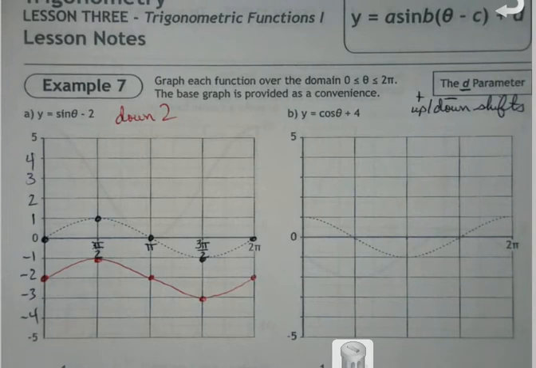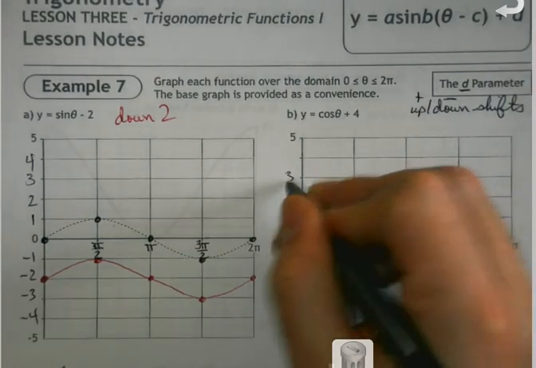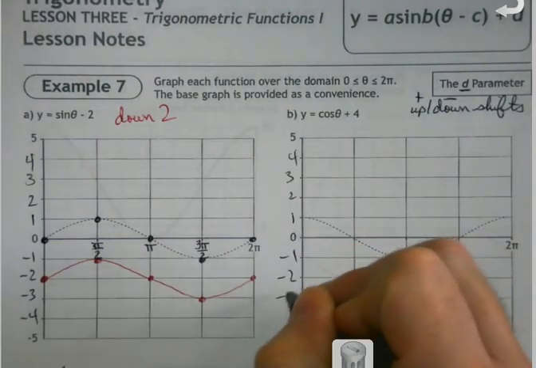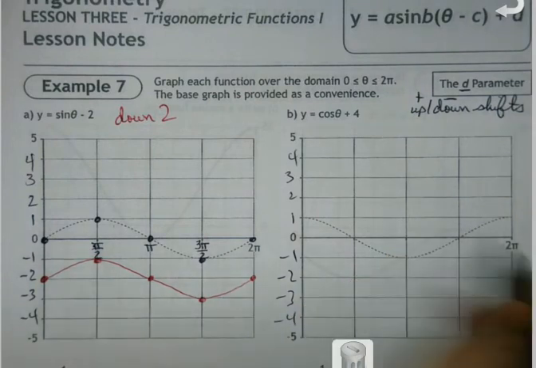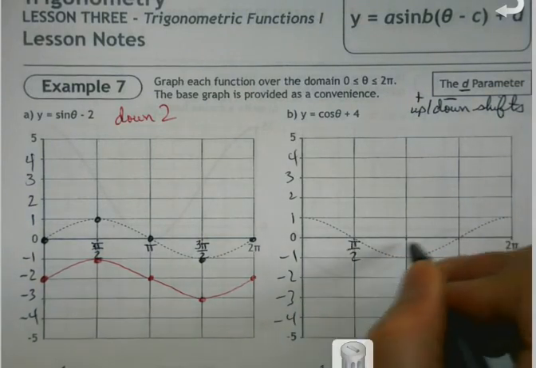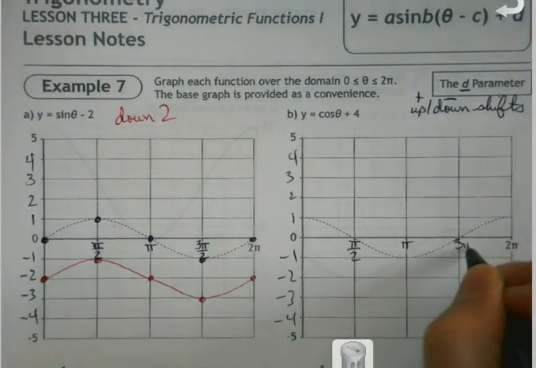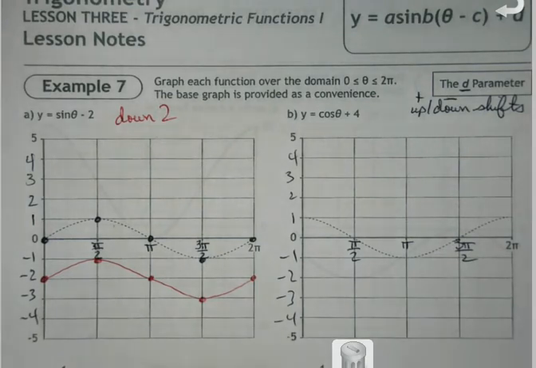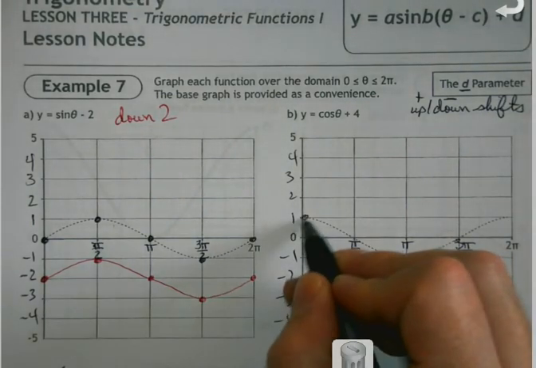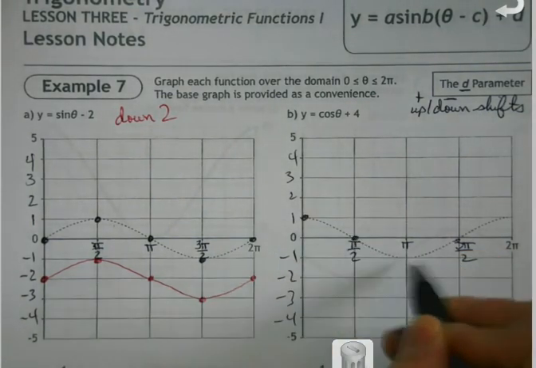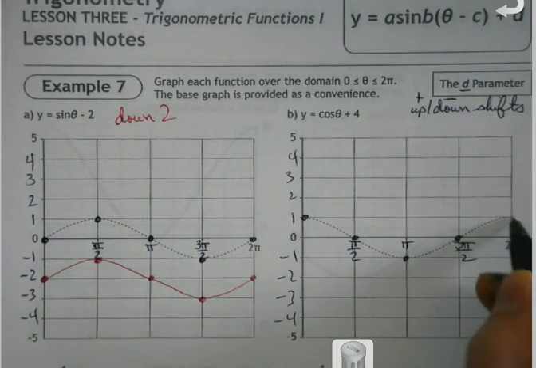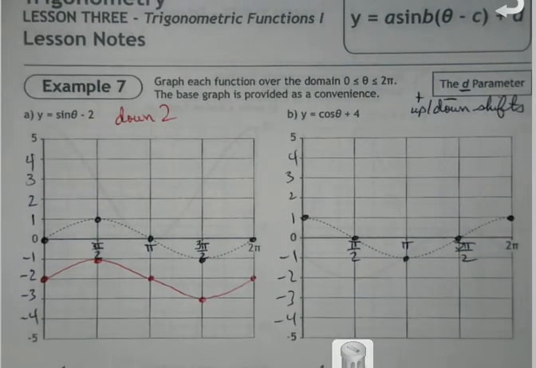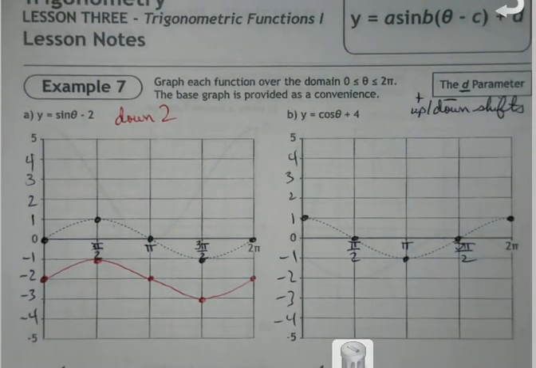B cosine, same idea. Still no change there, okay. We'll mix that up a little bit here in a bit, make it a little more exciting. And again, it's those 5 base points that create the graph that we want to play with. Which way are we shifting this time?